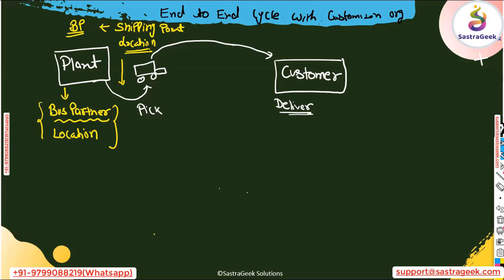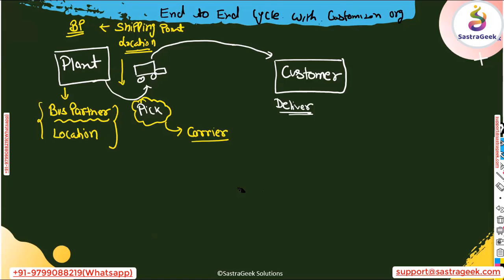Okay, so the location is TM and the business partner is S/4HANA, correct? So TM works on the BP concept. The BP concept is used in S/4HANA also, and the BP concept is used in TM also.